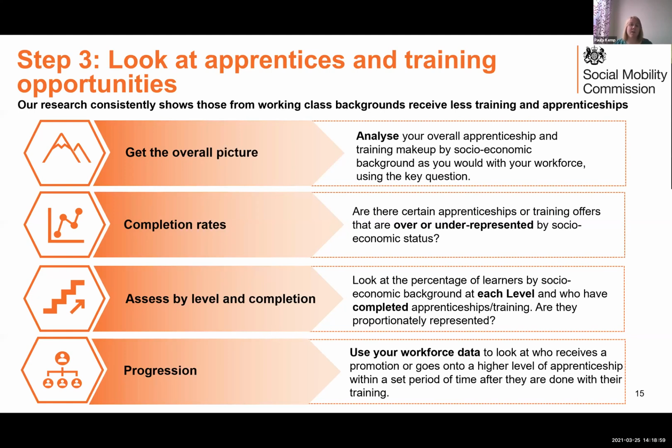Is the take up lower depending on your socioeconomic background? Is the opportunity just not there for them to do it? Or do people from a lower socioeconomic background feel that that's not for them? And how might you change the narrative on that?